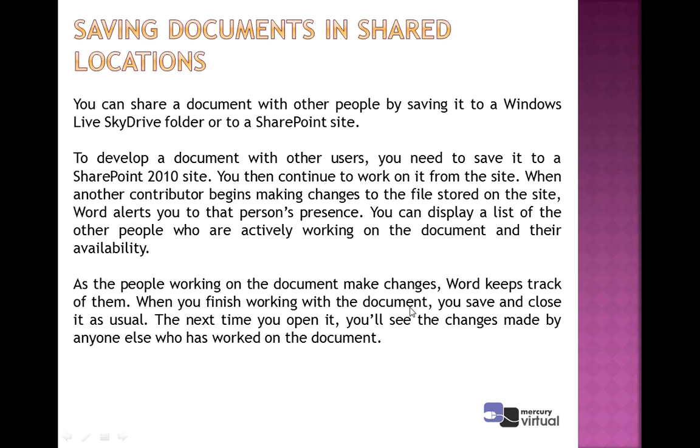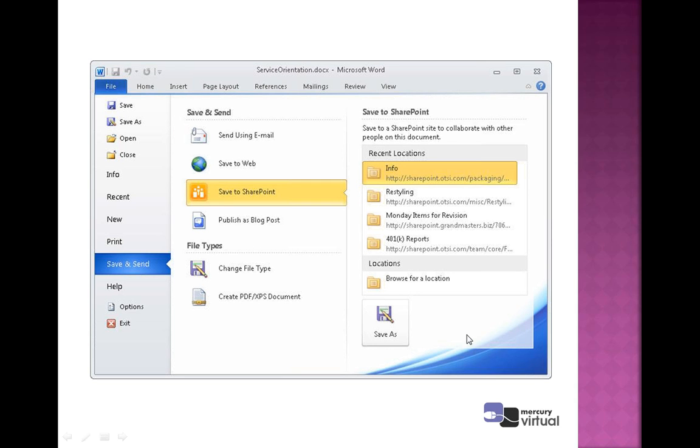When you finish working with the document, you save and close it as usual. The next time you open it, you will see the changes made by anyone else who has worked on the document. Means if you save the document, the changes are reflected automatically. This is how to save to SharePoint, how to share the document with different classes.